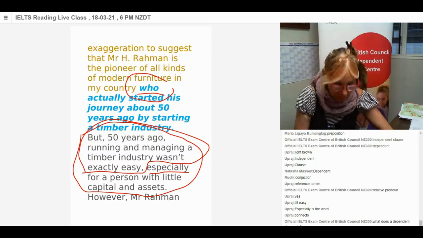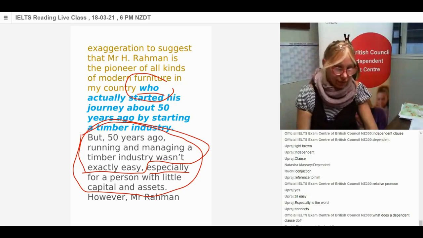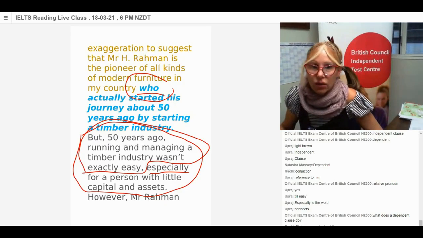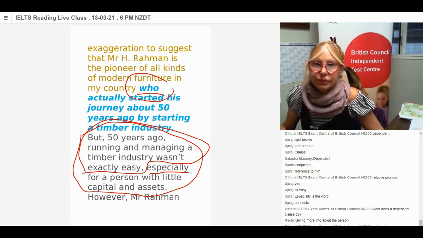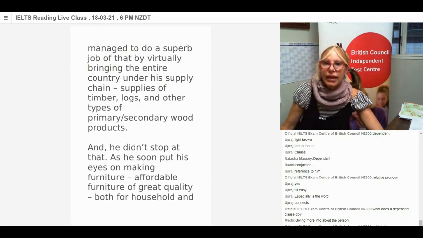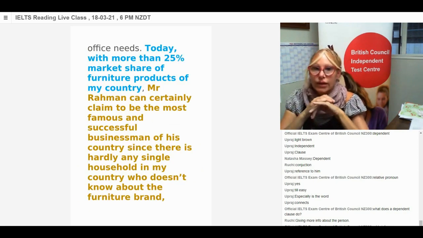Okay. Yes, it gives more information. So it adds more information. It adds info to the main clause. All right. Okay, so just moving through the answer there, and we'll come to another example. Today, with more than 25% market share of furniture products of my country.